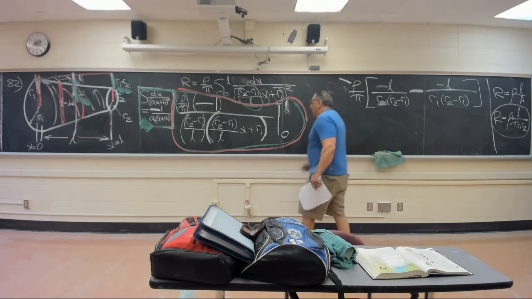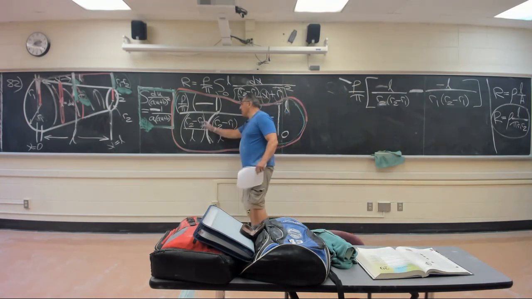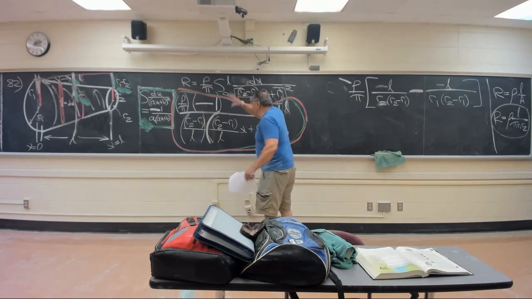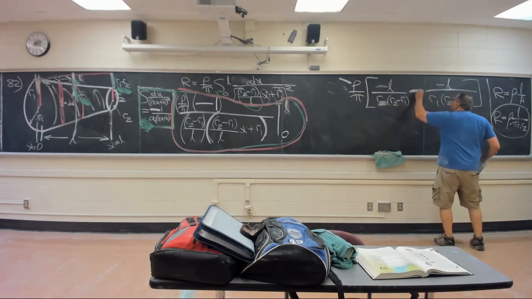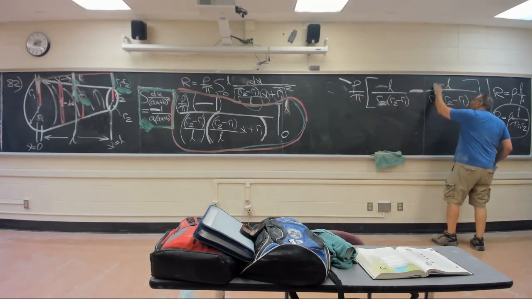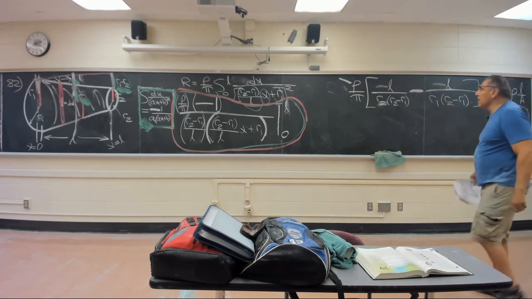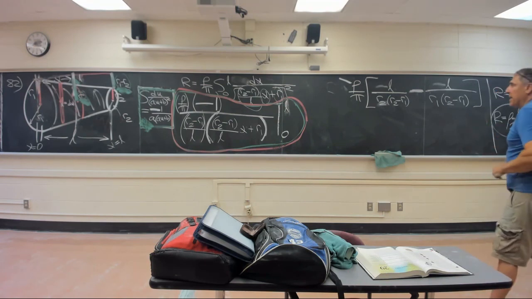Put a 0 in here. 0, gone. R1 times the quantity R2 minus R1 over L. The L flips. We've already taken the negative out. The L flips, so it's minus, so it's that.